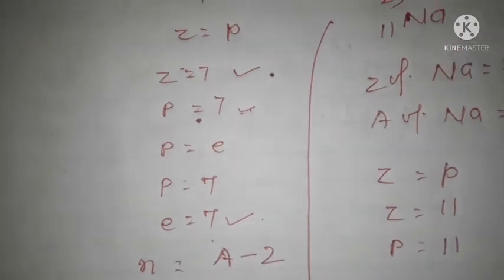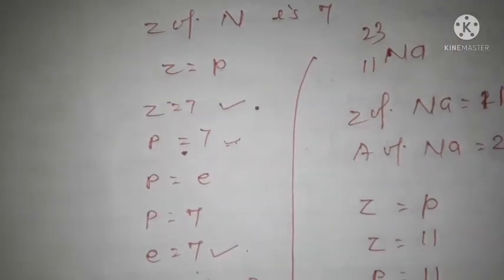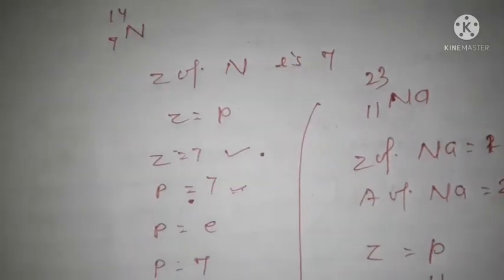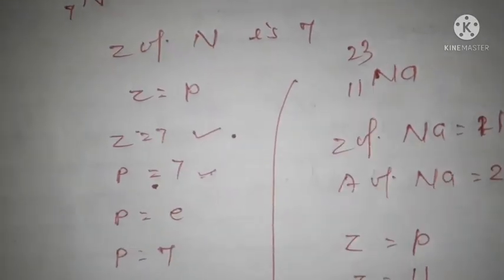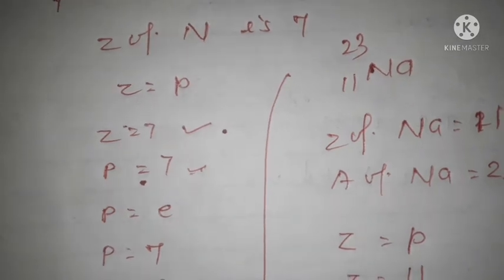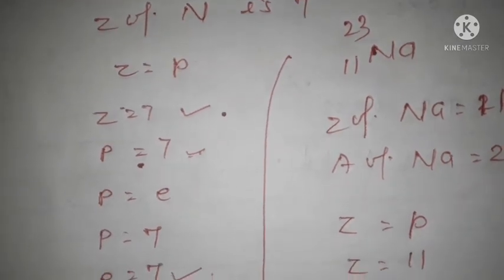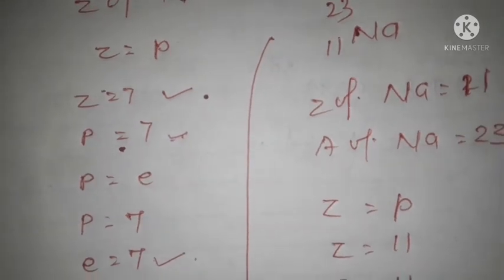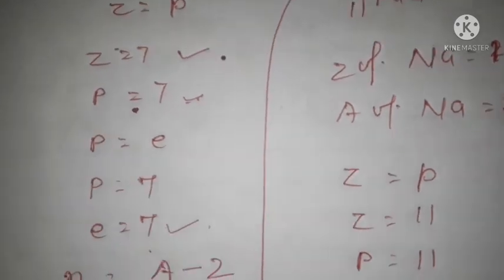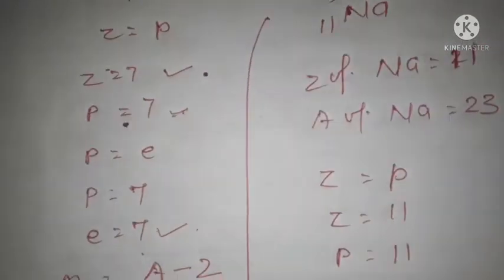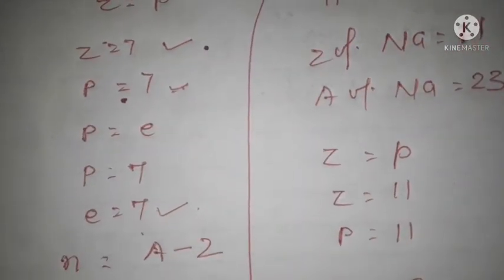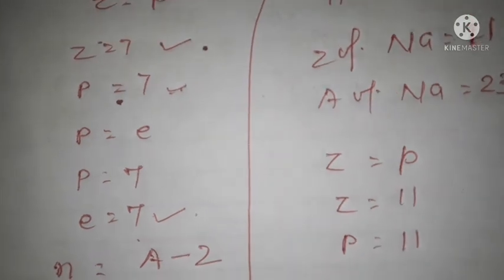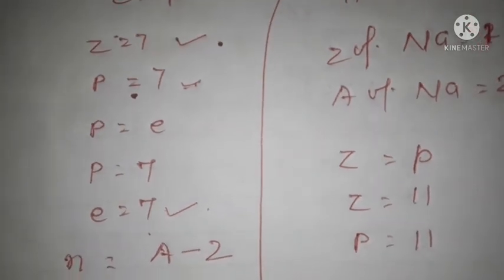If we practice regularly, you can make yourself very perfect and derive Z, A, the number of protons, electrons and neutrons from any given element, if you know Z or A of any element. Thanks for watching.